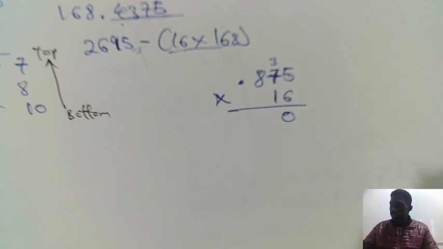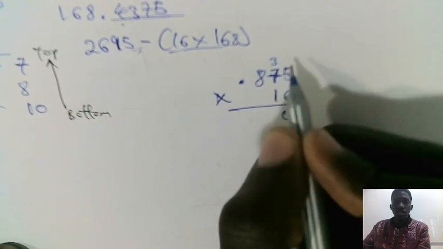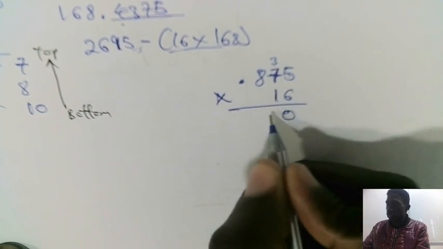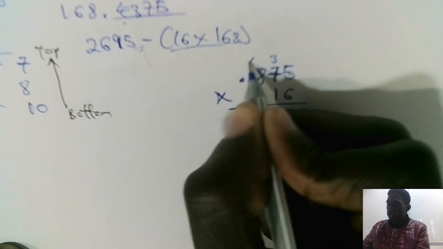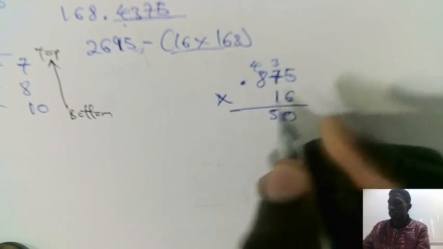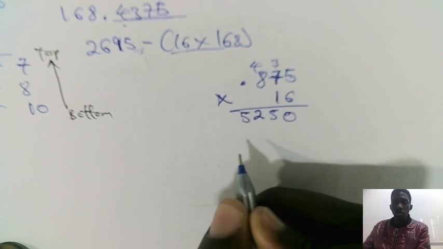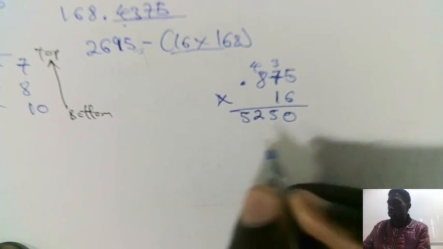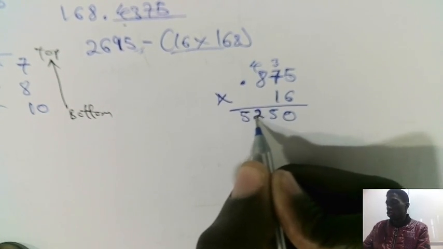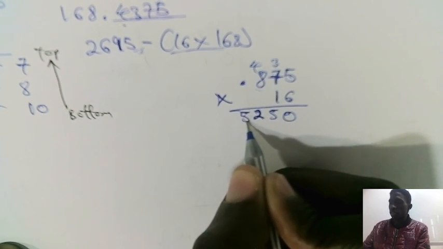So we know that 6 times 7 is 42, plus the 3 here, that's 45. And 6 times 8 is 48, plus 4, giving us 52. So 2 here, and then 5 is carried over to this side.